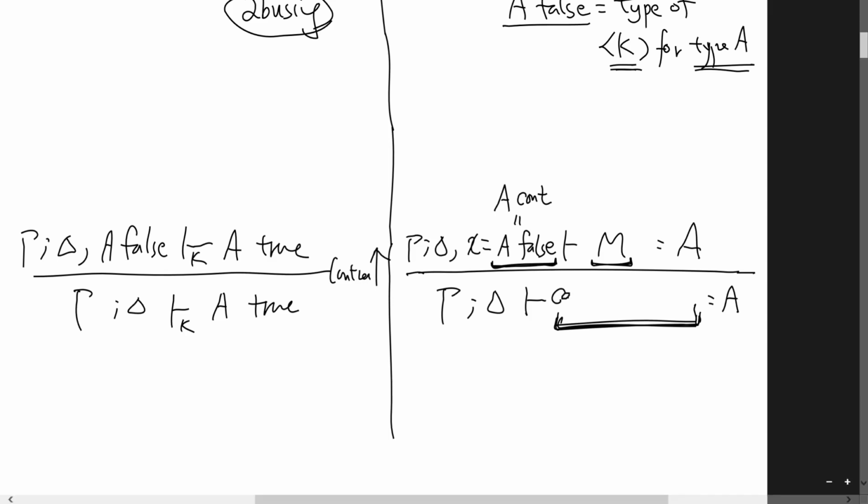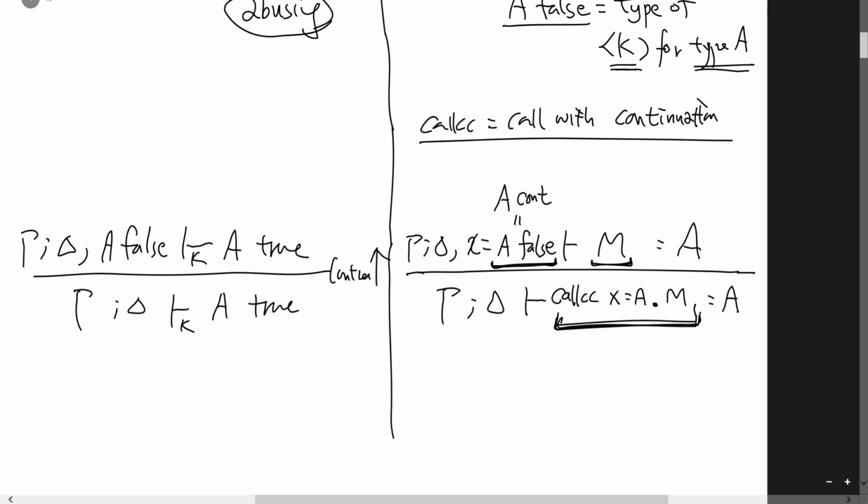So we'd like to use call cc x has type A false, and we are going to evaluate proof term M. Call cc actually stands for call with current continuation. And we call this rule the call cc rule.